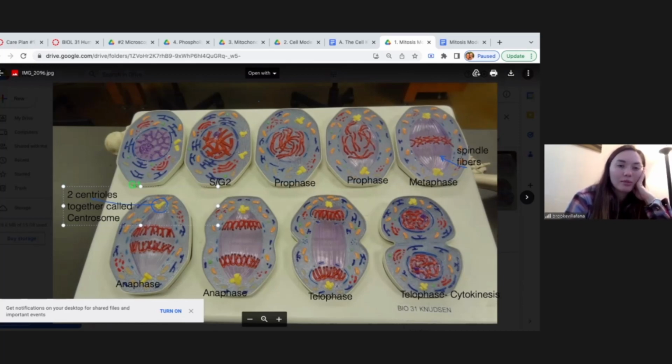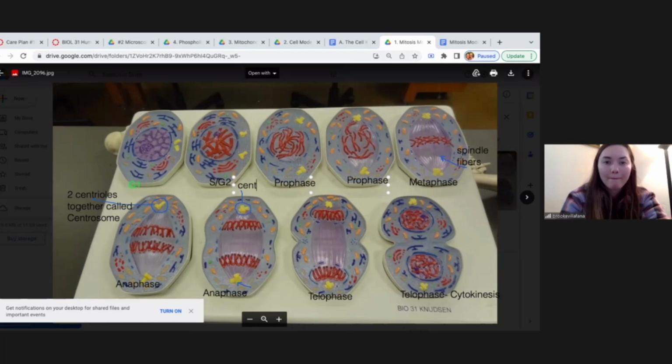When each of them is separate, it's a centriole. So just to make it clear, this would be one centriole. If I'm talking about them together, that's a centrosome.